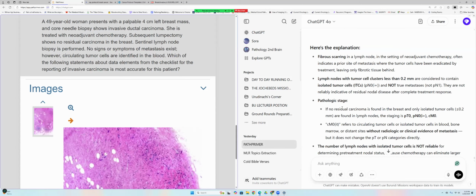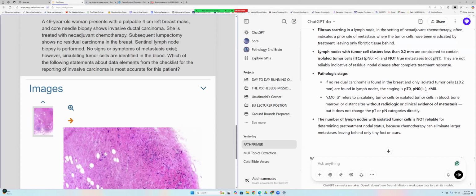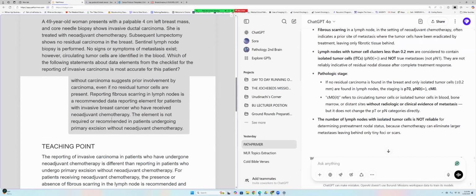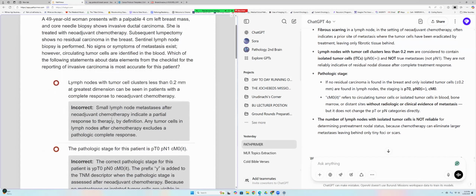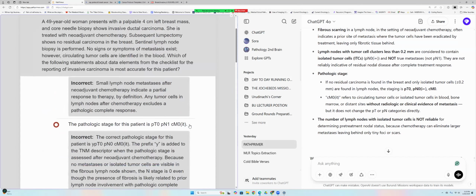Pathological staging: if no residual carcinoma is found in the breast and only isolated tumor cells are found in the lymph nodes, the staging is pT0, pN0(i+), cM0. Here they call it ITC. So N1 means true metastasis greater than 0.2 millimeters.